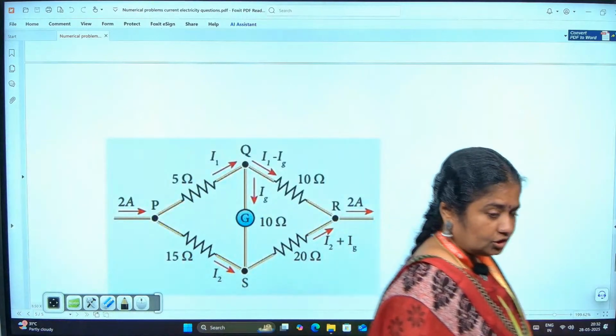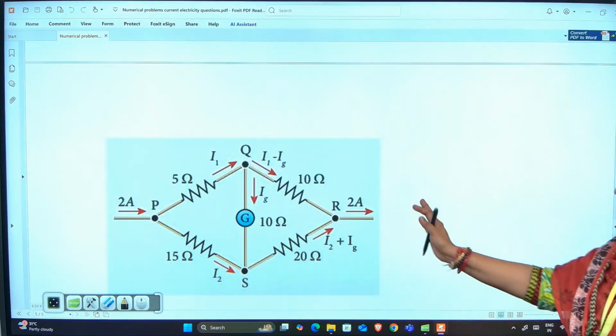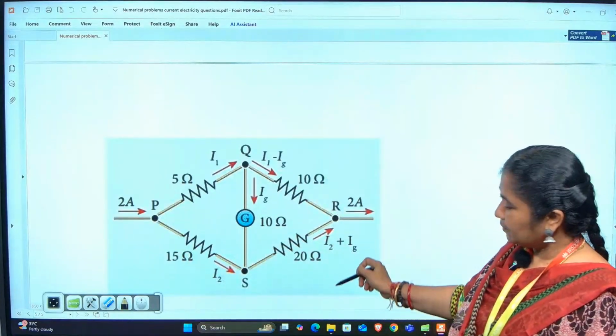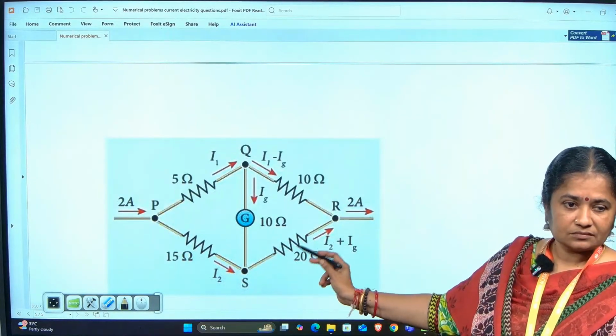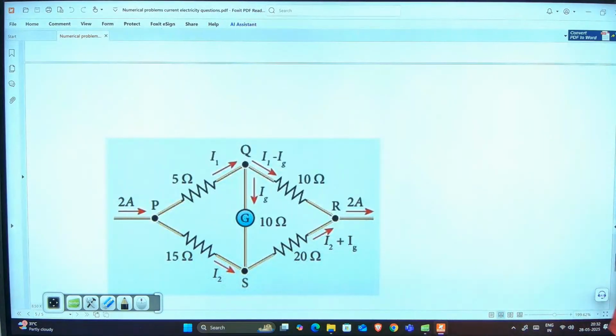The bridge is not balanced, so IG will not be 0. In the 5 by 15 and 10 by 20, the ratio is not the same. The bridge is not balanced, so you will have a value for IG.